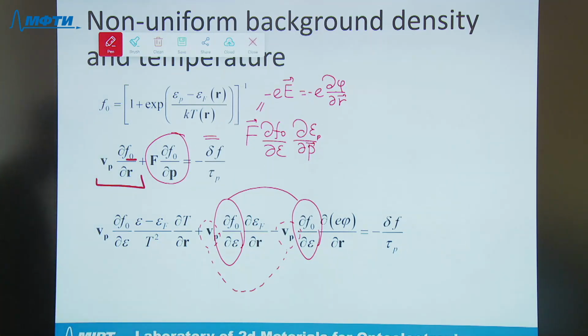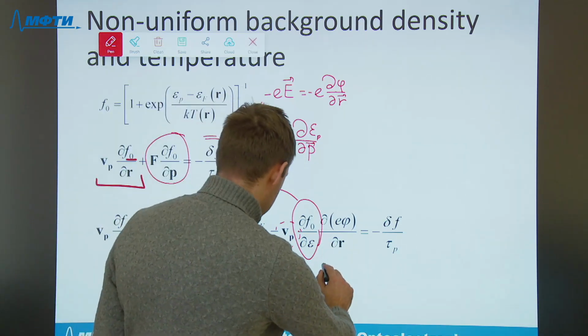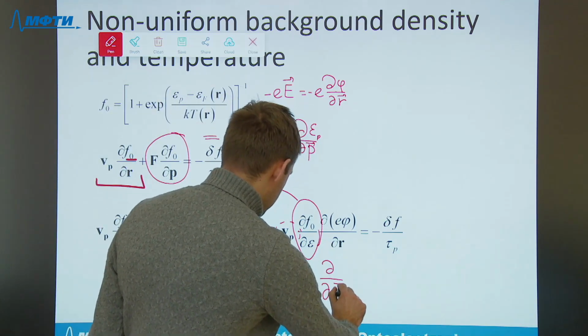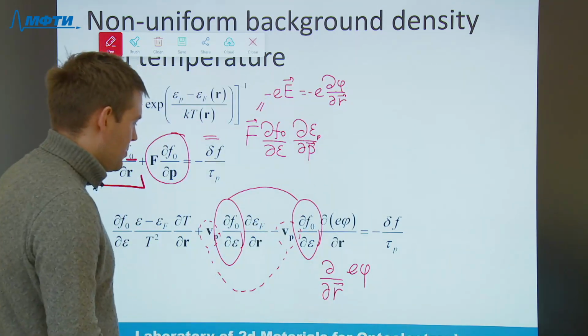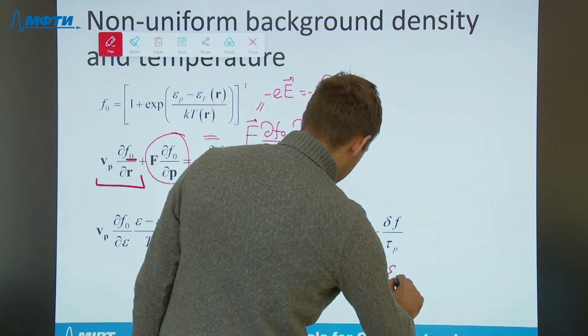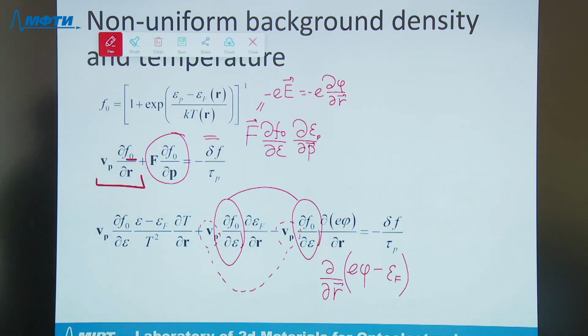And we see what indeed causes the driving of electrons in semiconductors is derivative with respect to space of the electric potential energy minus Fermi energy. This quantity has a special name.